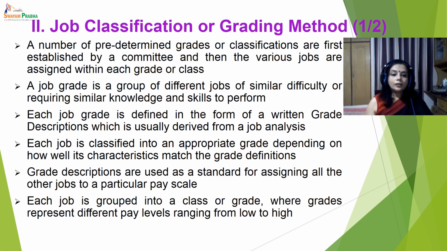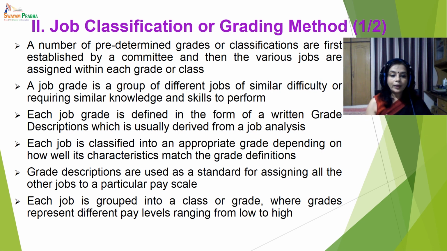So what is a job grade? A job grade is a group of different jobs of similar difficulty or requiring similar knowledge and skills to perform. Each job grade is defined in the form of a written grade description, which is usually derived from job analysis.